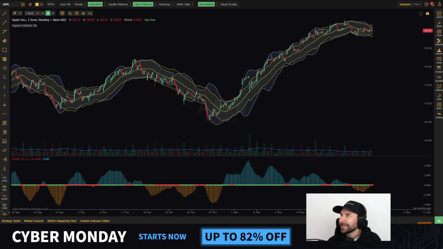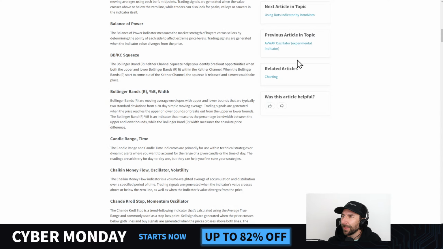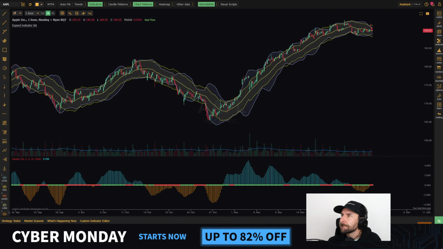I don't think there's any other documentation about this. I'd really love to be able to define more specifically what these bars are about.